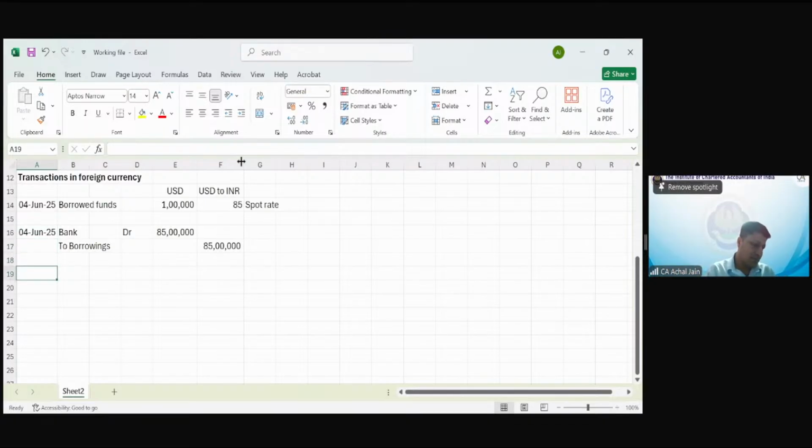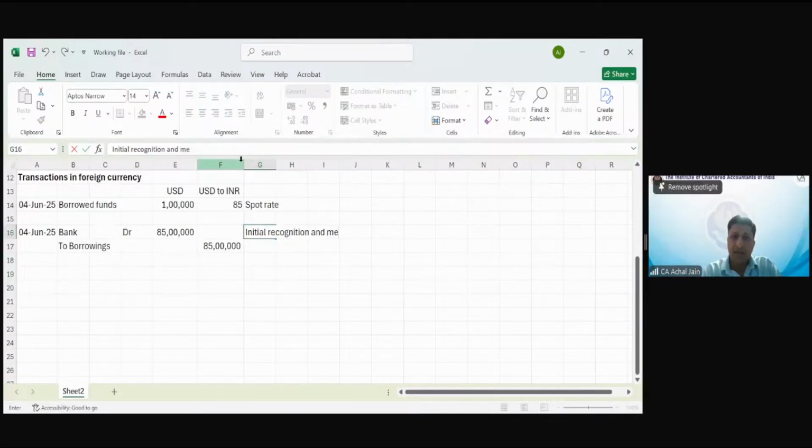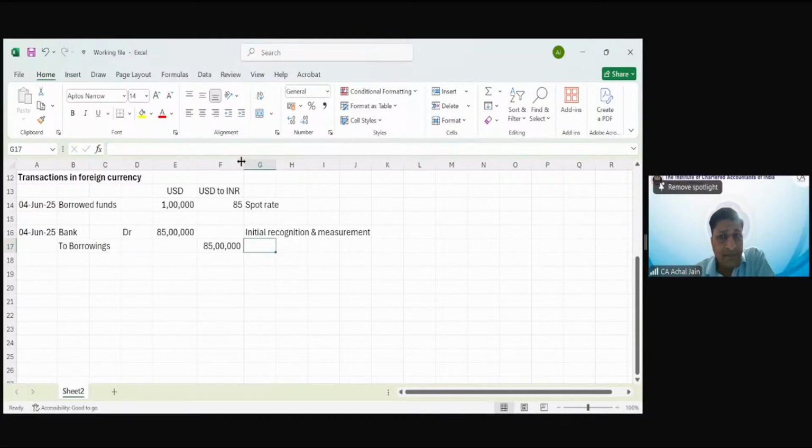Okay, now. This recognition that we have done, what do you call it as? Initial recognition and measurement. What is the meaning of initial recognition and measurement? Whenever a transaction will take place, you will record it. So that is what you call as initial recognition and measurement.